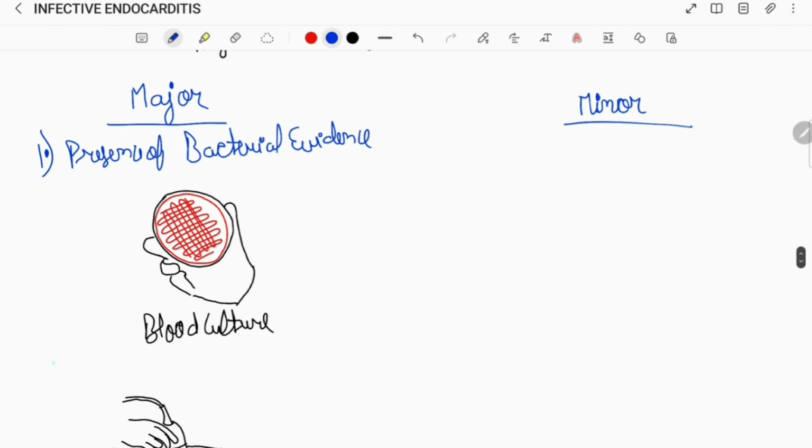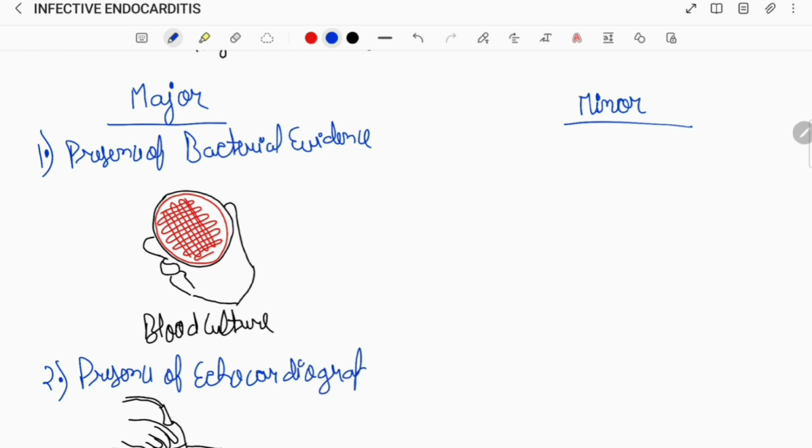Next, we have the presence of echocardiographic findings.